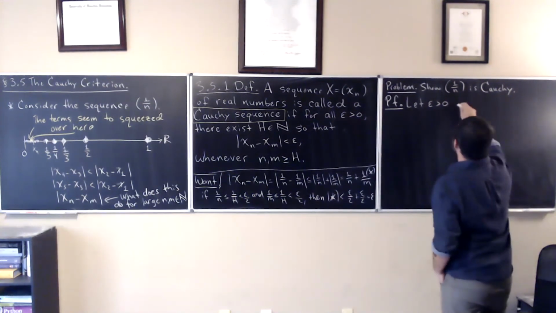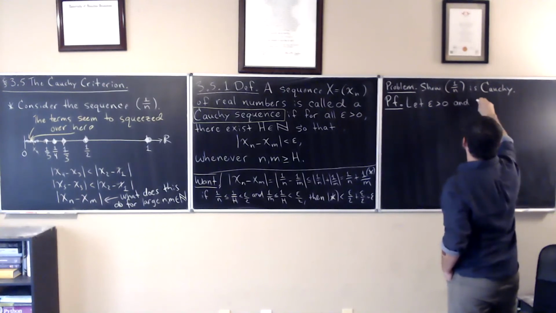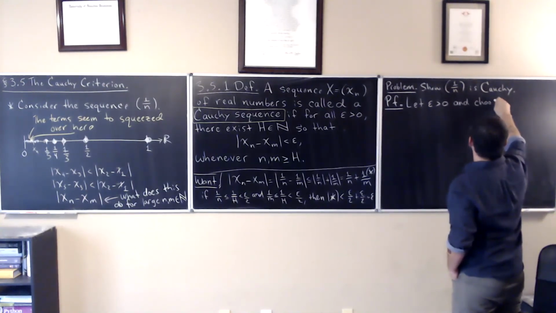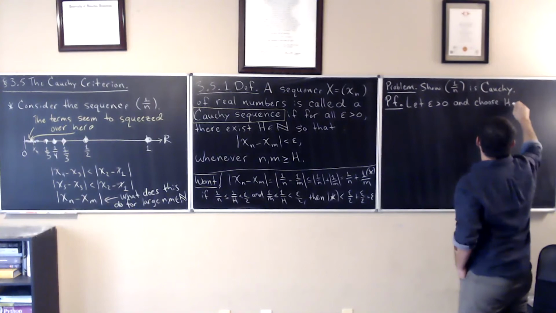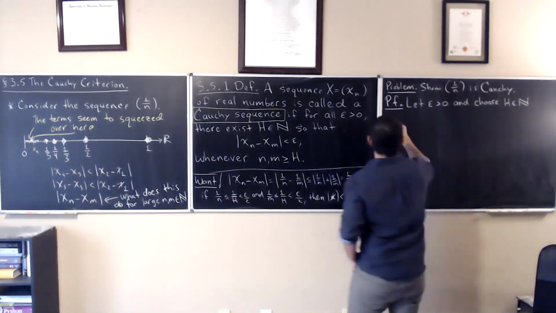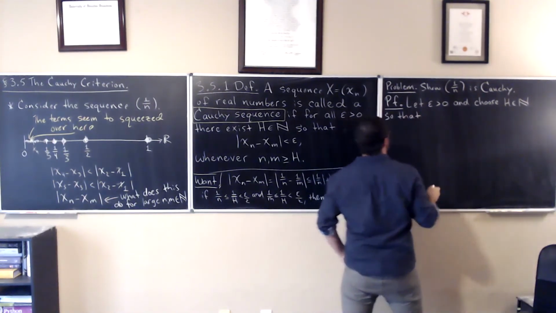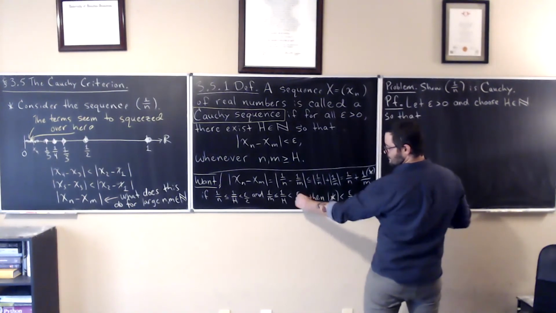So let epsilon be greater than 0, and choose the natural number h so that h is greater than 2 over epsilon.